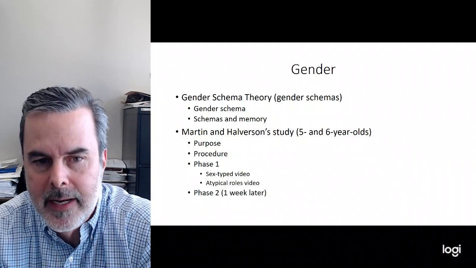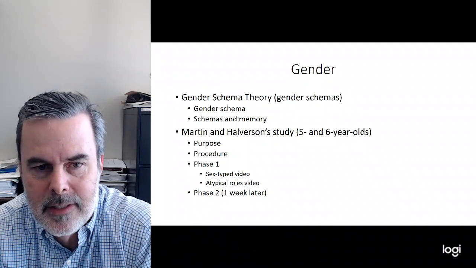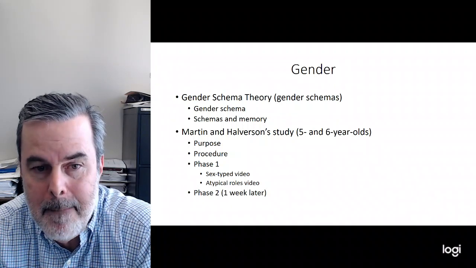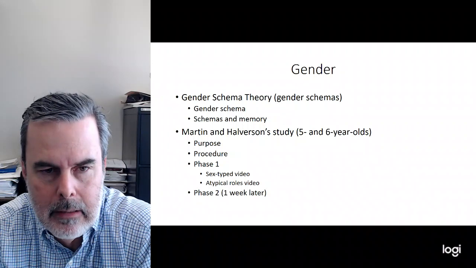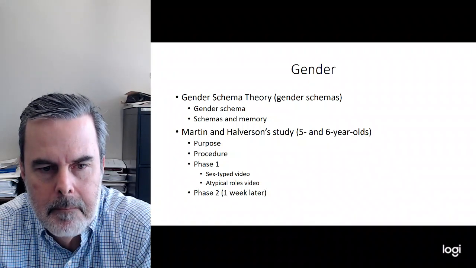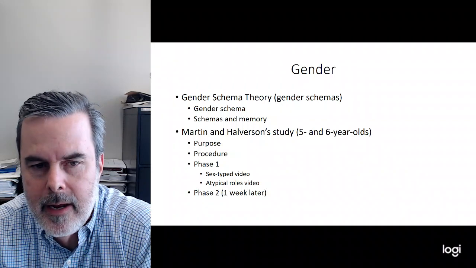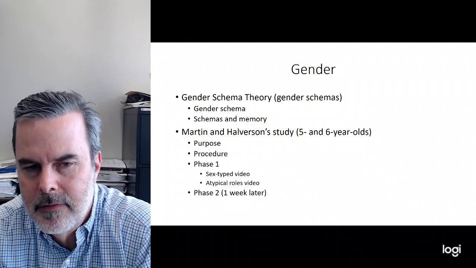These beliefs and expectations are stereotypes. Stereotypes are beliefs and expectations about individuals and groups of people that may or may not be accurate, and oftentimes are not accurate, but are nonetheless stored in our memories, in long-term memory.